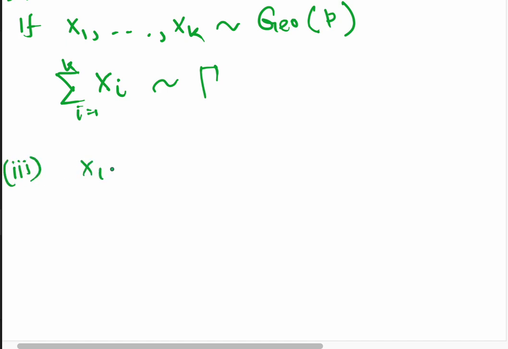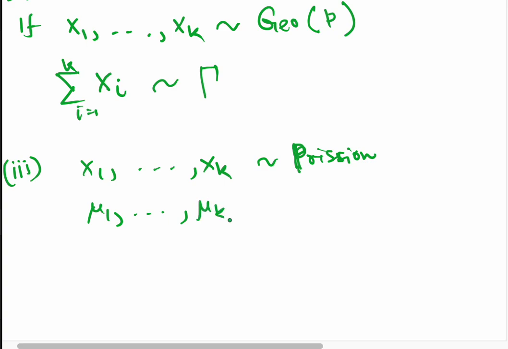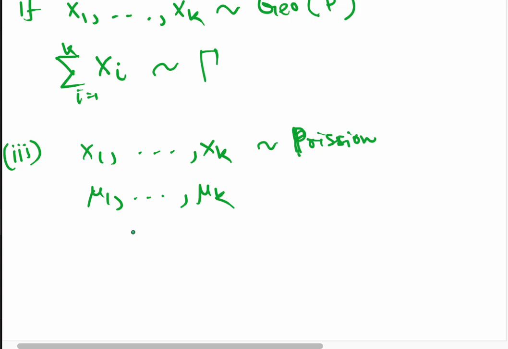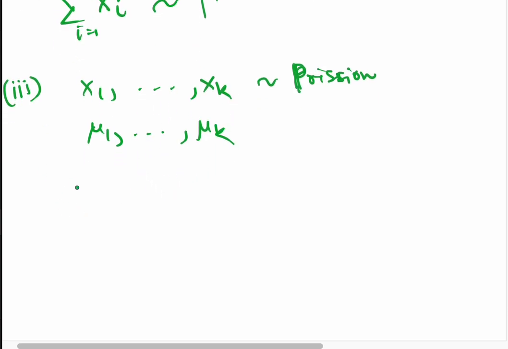Okay, x1 to xk follow a Poisson distribution with parameters mu1 through muk. Now, what is the Poisson? Let's see from the MGF of the Poisson distribution.